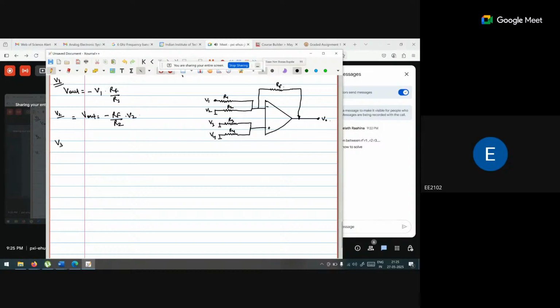Now if we consider the V3 voltage, there is a voltage drop at this point. Because of this V3, this is the Vx. So Vx is V3 into R4 upon R3 plus R4, and that voltage is applied here also.